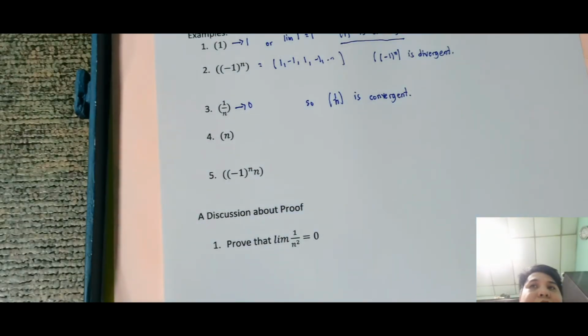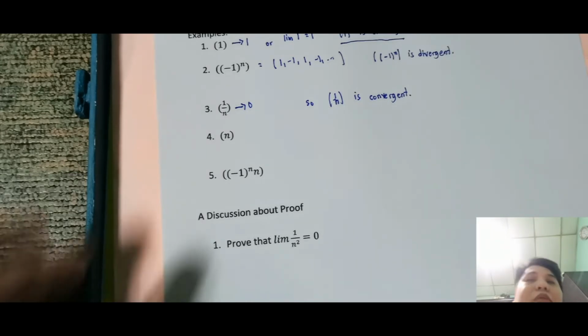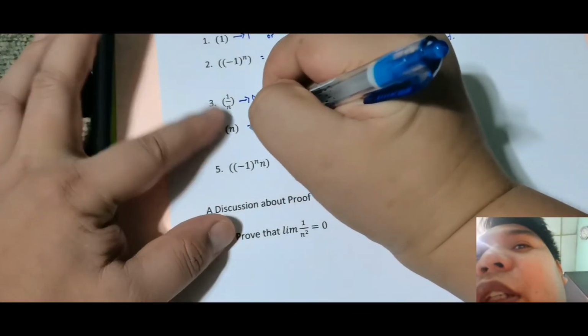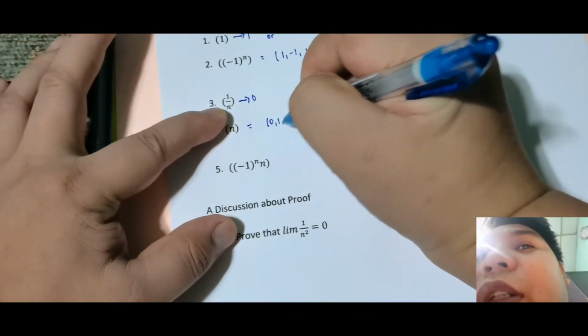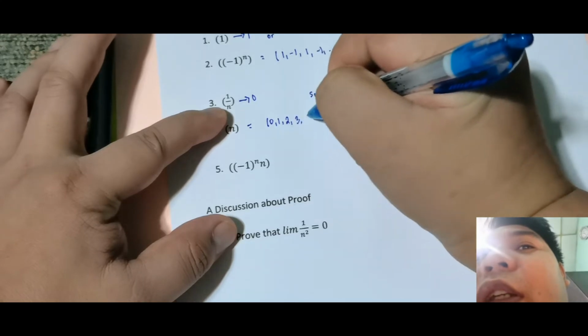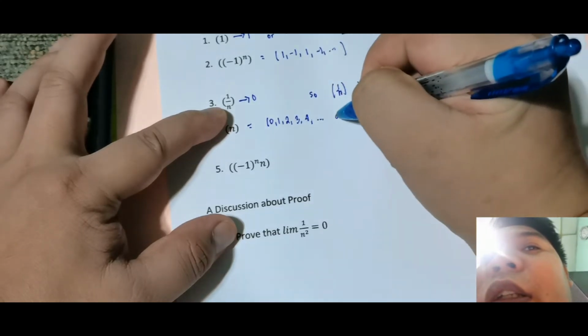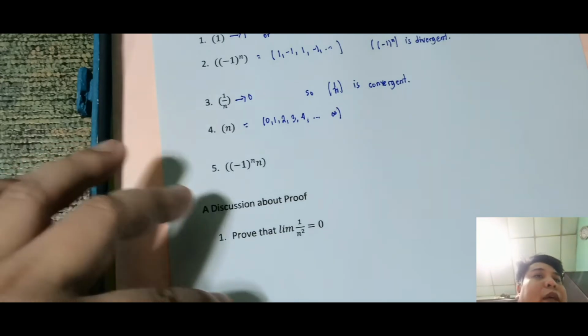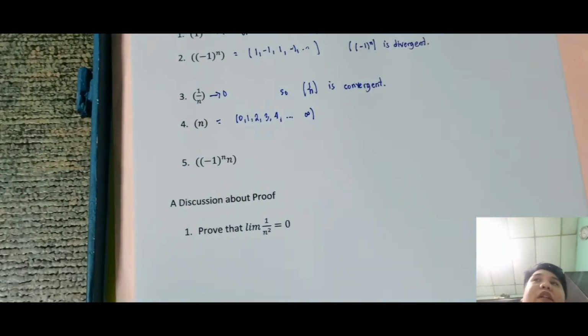Okay, next, yung n. For n equal to 0, that is 0; for n equal to 1, that is 1; for n equal to 2, that is 2. Ang laman nito is 0, 1, 2, 3, 4, up to infinity. Pwede ko ba ikonsider na number si infinity? Sabi ko nga sa inyo from the very beginning, sa theory pa lang, si infinity hindi siya number. Hindi pa natin siya iko-consider na number hangga't hindi ka nagre-real analysis.